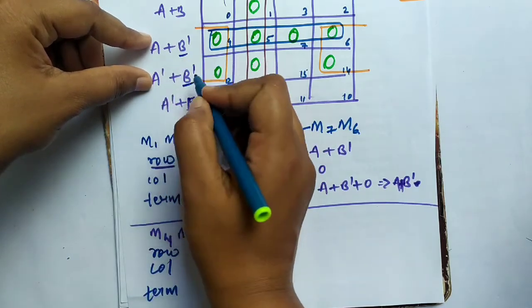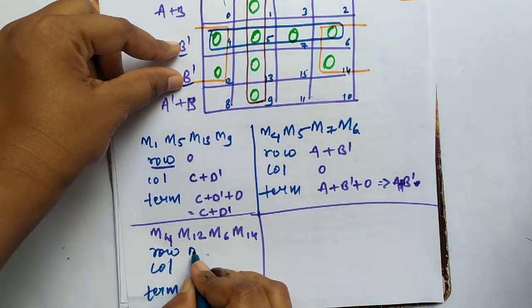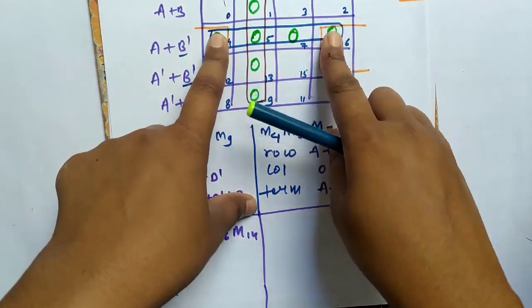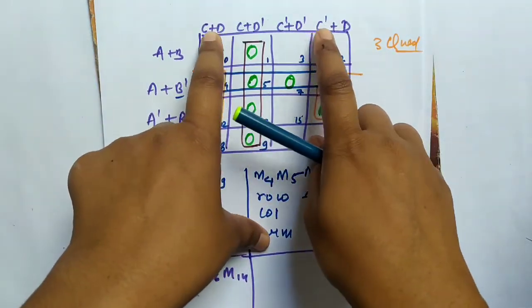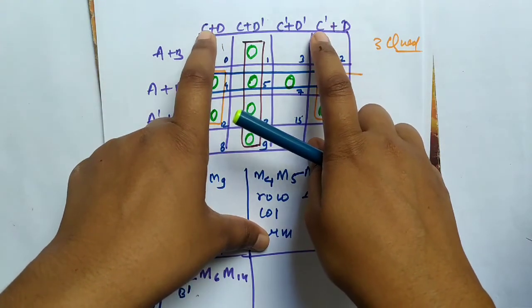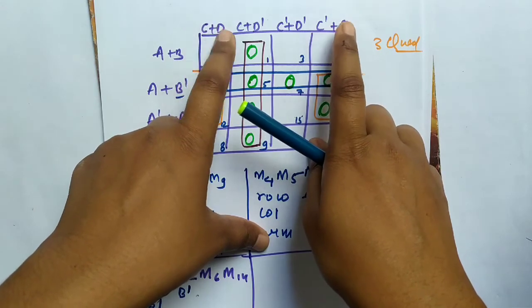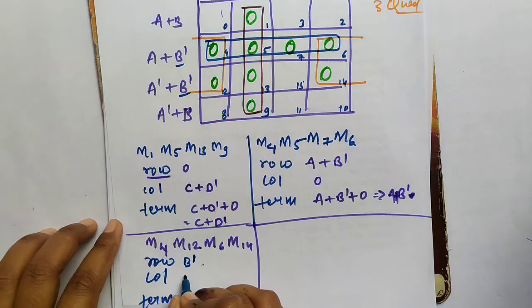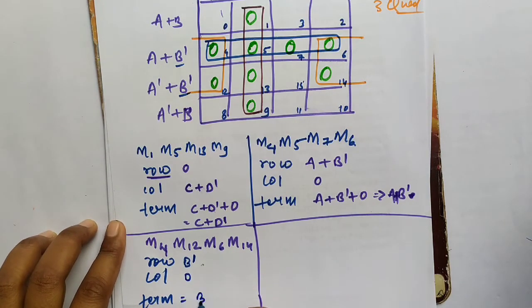Here B dash, B dash, so the common value is B dash for the row. And for the column, this one is the column. In that column there is a value C dash or D. C dash is not common, but D is common between the two values. So in the place of the column we write D. So the term is B dash plus D.